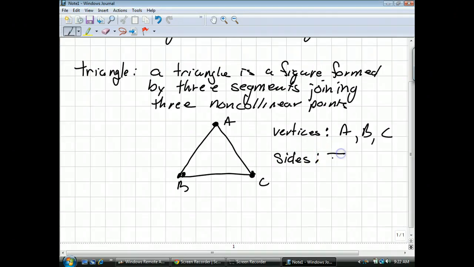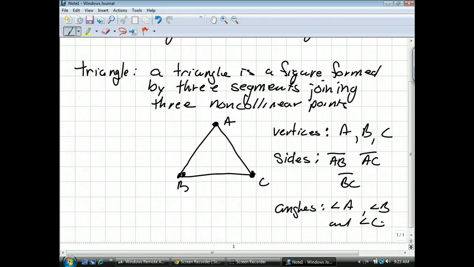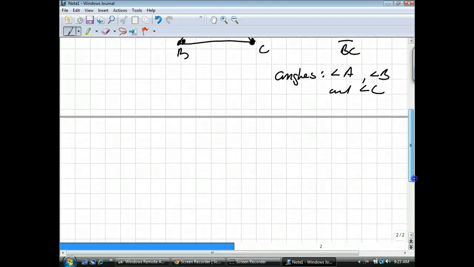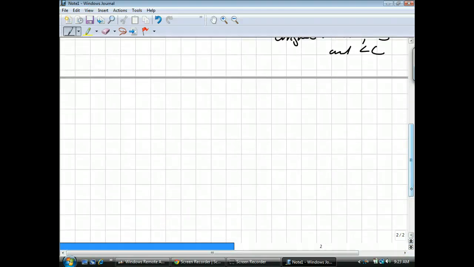So we would talk about segment AB is a side of the triangle. Segment AC is a side of the triangle. And segment BC is a side of a triangle. And we would also talk about the angles of the triangle, which would be angle A, angle B, and angle C.